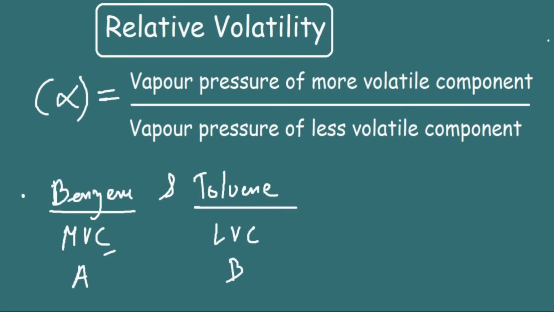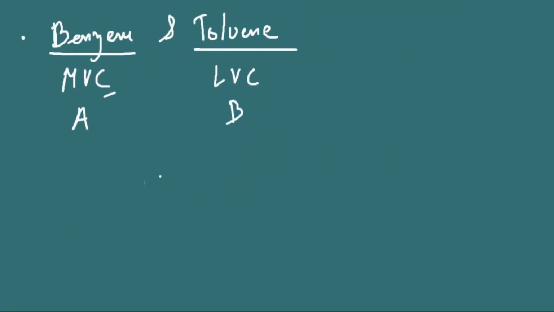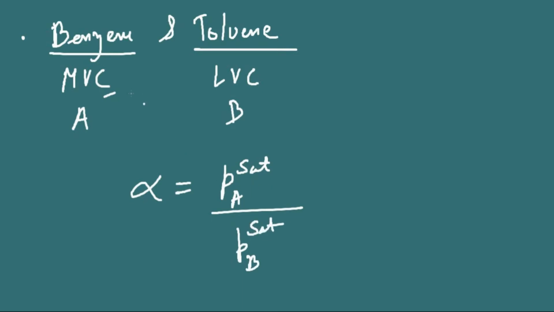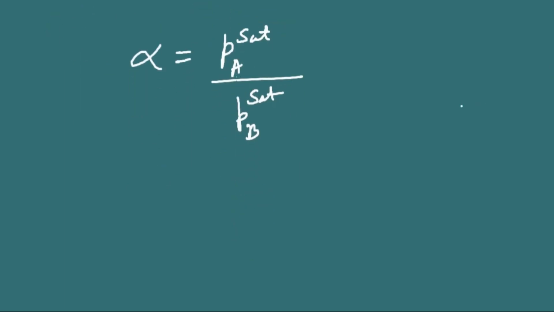Now I can represent alpha mathematically as alpha equals PA sat divided by PB sat, where PA sat is the vapor pressure of benzene and PB sat is the vapor pressure of toluene. Now I can further reduce this by using Raoult's law. Raoult's law states that the partial pressure of A, let me denote this with PA, will be equal to the vapor pressure PA sat times the mole fraction of A in the liquid phase.